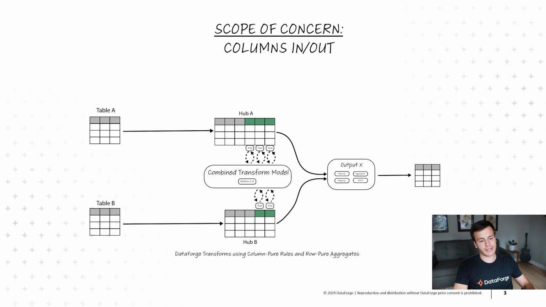Those concepts are now fundamental to how you can take advantage of this next layer of evolution by thinking about things purely in a columnar fashion. But in order to do that, you have to learn and understand a bit more about how you can write your code a bit differently, how you can fit it within the DataForge framework.